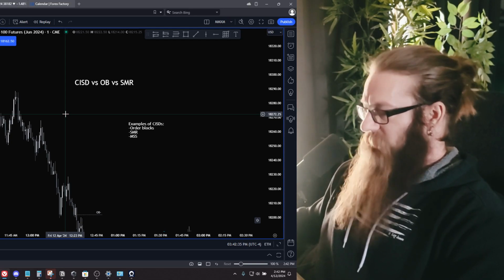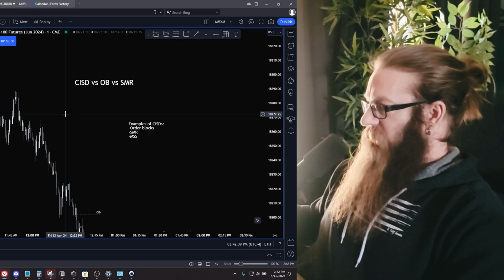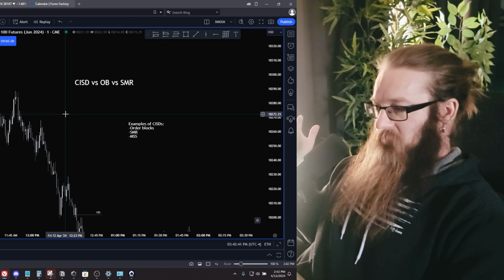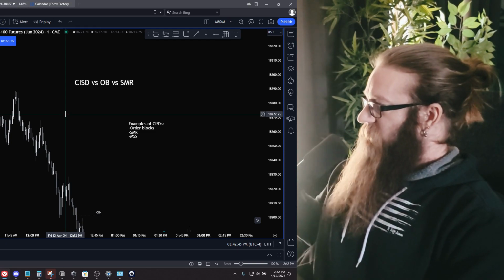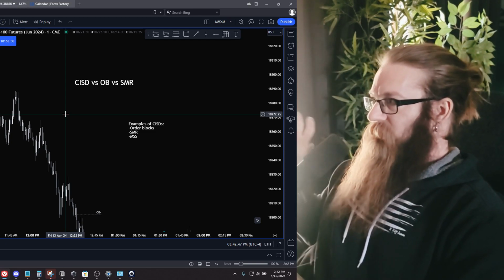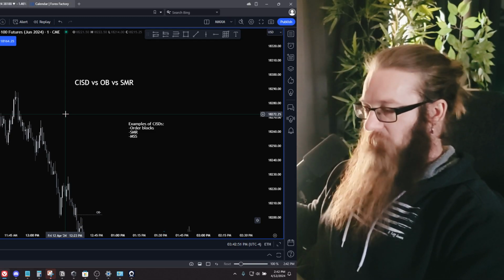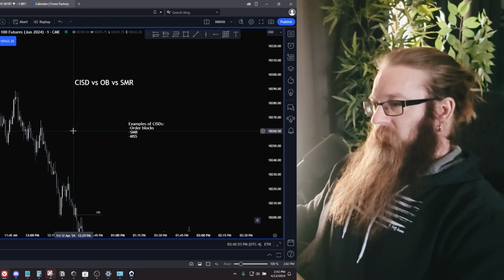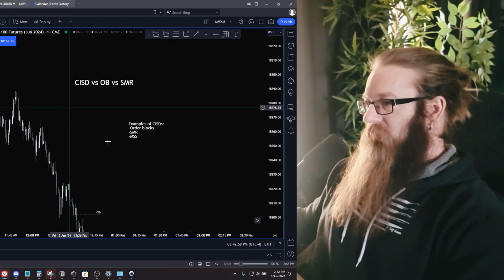That area is now going to reverse because it took liquidity. It closed over that last candle and made an order block. Maybe it tapped a high time frame PD array at the same time. So all of these indications of price delivery changing happen at the same time. It's great. But a CISD is not an order block.